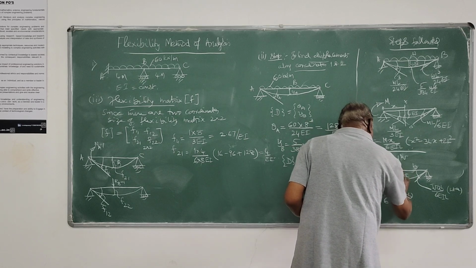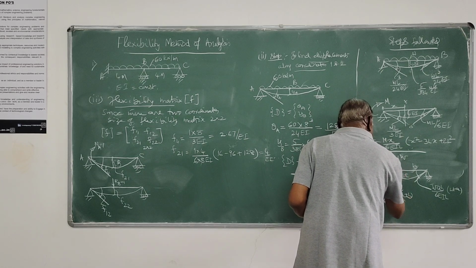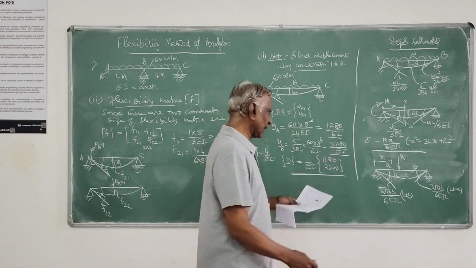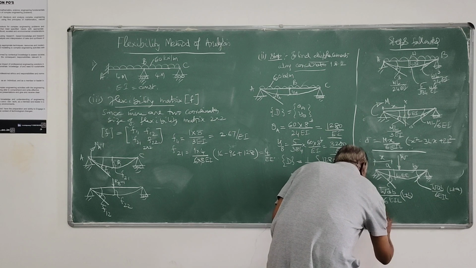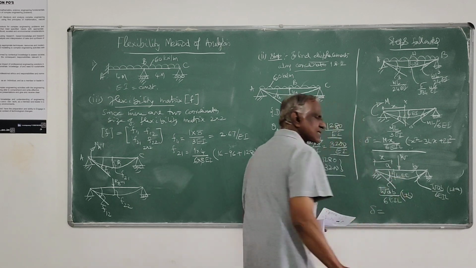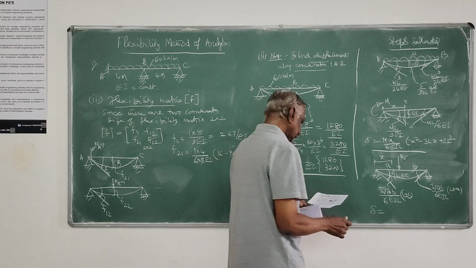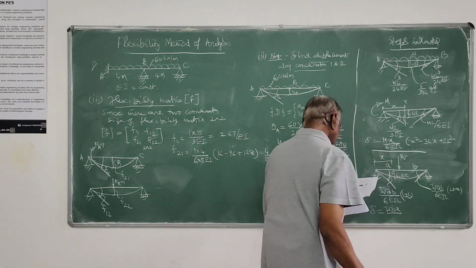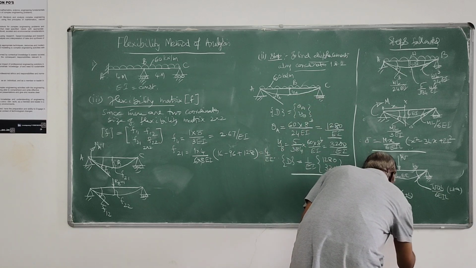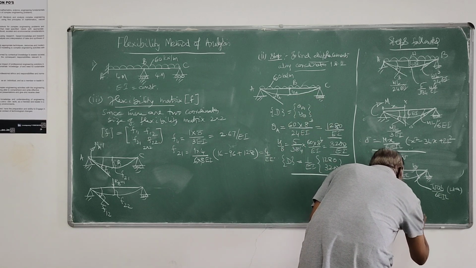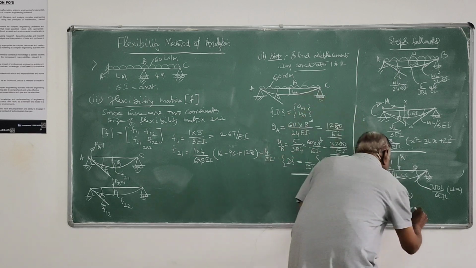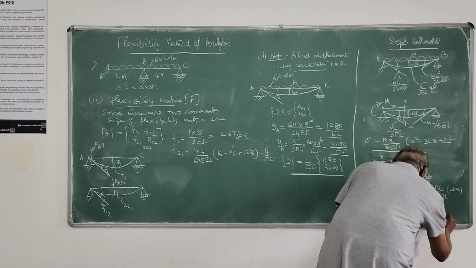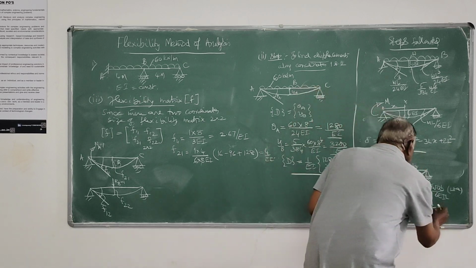And the displacement at any distance x, which you can remember straight away: displacement delta at any distance x from the left hand is given by W B x divided by 6EIL into (L square minus B square minus x square).